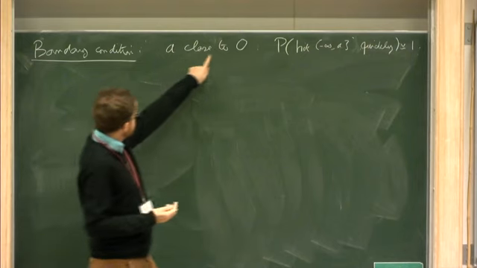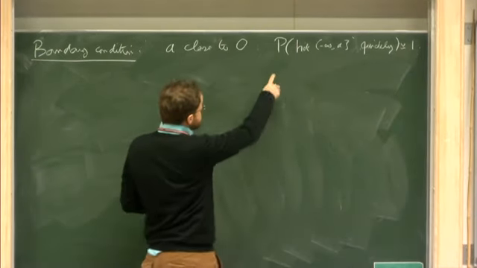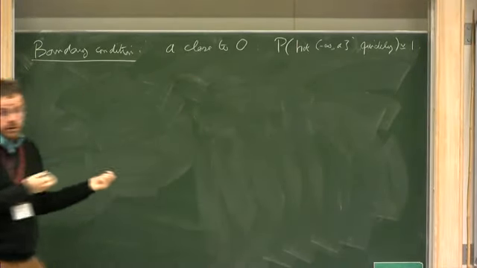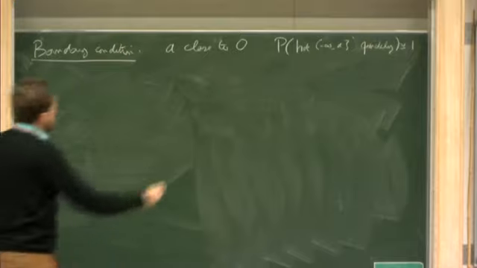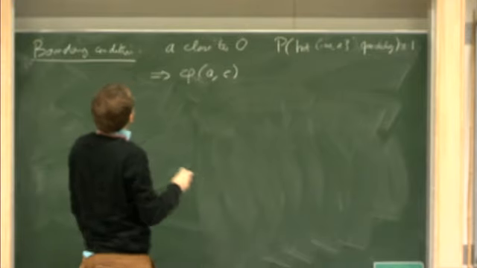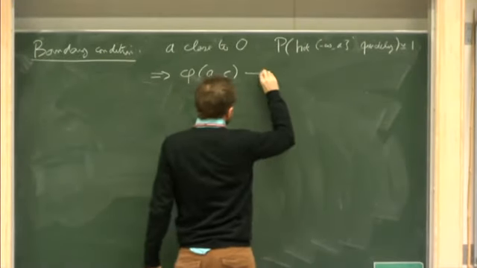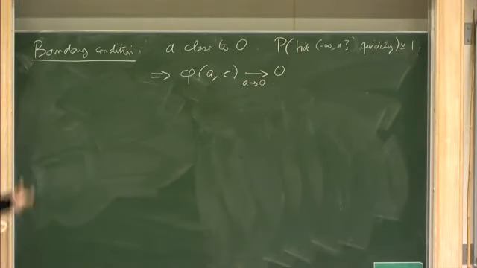And it will tell you that as A goes to 0, this probability goes to 1, and the probability that you hit C before A goes to 0 because you will touch A first in very small time. So what it tells you is that phi of AC, this probability over there, goes to 0 as A goes to 0. So if you start close to the left end of the interval, you cannot essentially reach C before hitting to the left of A, because you will swallow A immediately.